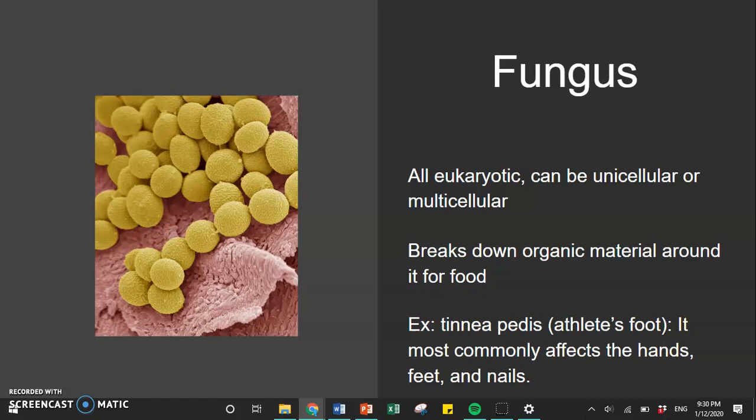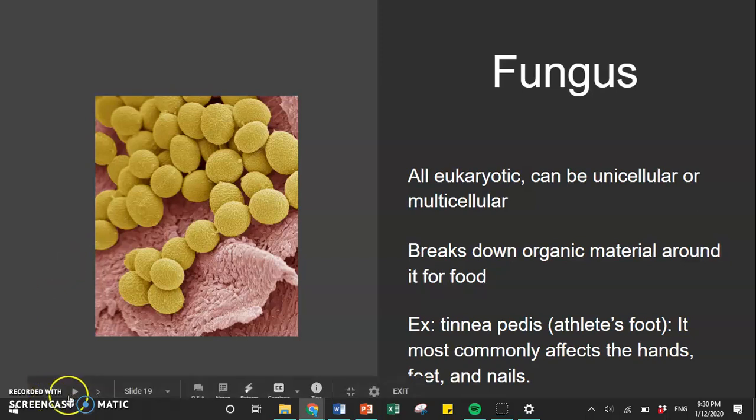Often it's a fungus that people catch when they walk barefoot around a pool, because pools tend to be warm, wet areas, and you are an even warmer, wetter, saltier area for this fungus to thrive on. They're often intracellular, which means they'll get into the cells themselves.